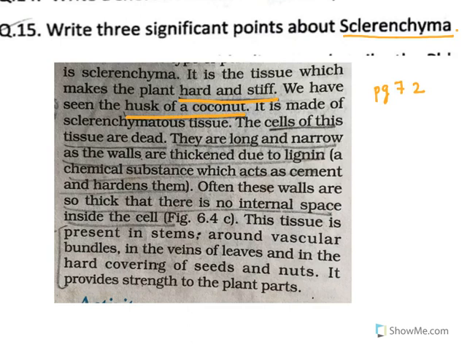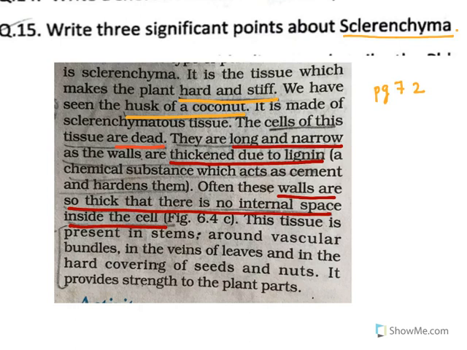The cells of this tissue are dead, important, they are dead. The second point is they are long and narrow, and the walls are thickened due to lignin. These walls are so thick that there is no internal space inside the cell.